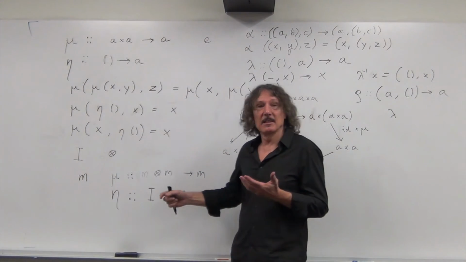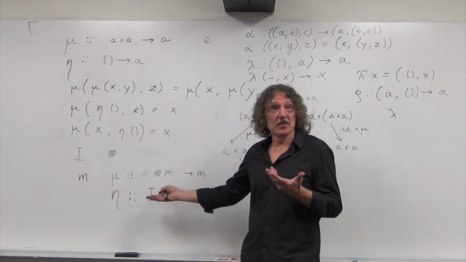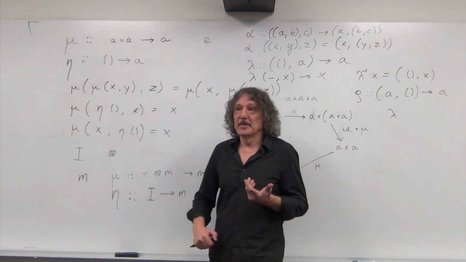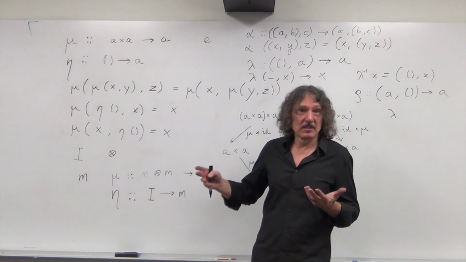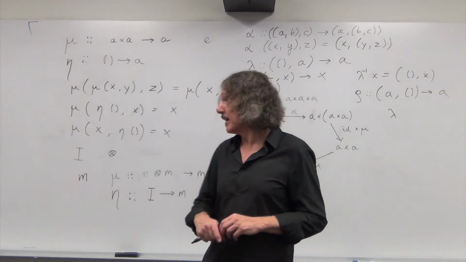In a Cartesian category, this will be the terminal object. In a bi-Cartesian category, it will be an initial object if we use coproduct, and so on.